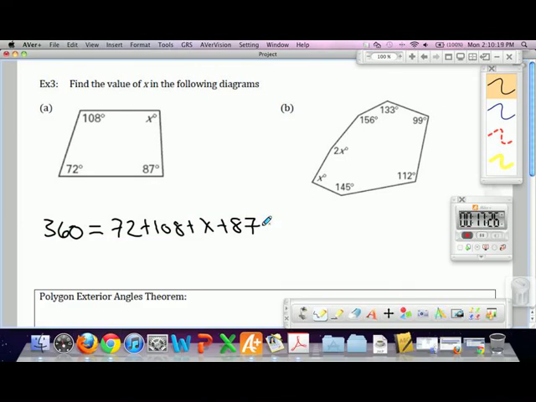I add together the 4 interior angles, and that should add up to the sum, which I got from knowing this is a 4-sided figure. Add them together and you get 180. So x better be 93.